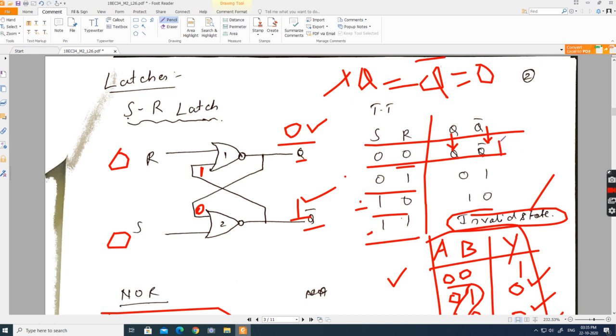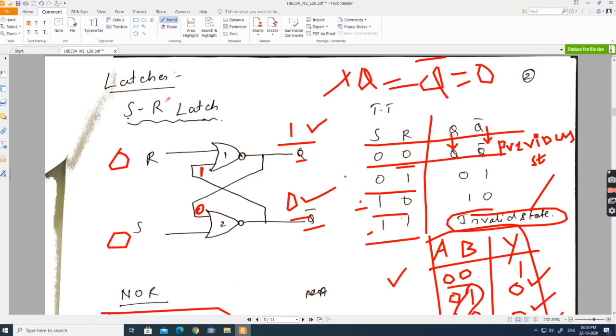This is called as what? Previous state. So I will assume one more condition. What is another possible output condition? The output 1 and 0. I'll assume Q is 1, Q bar is 0.